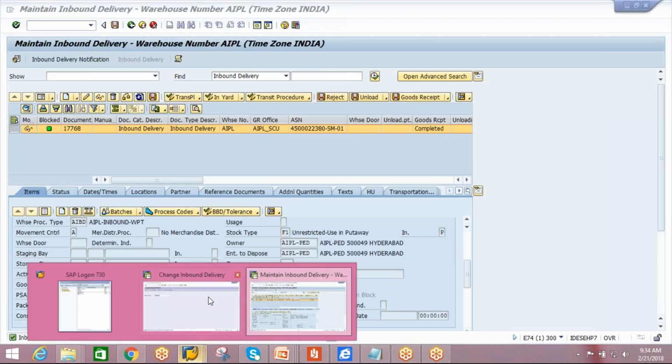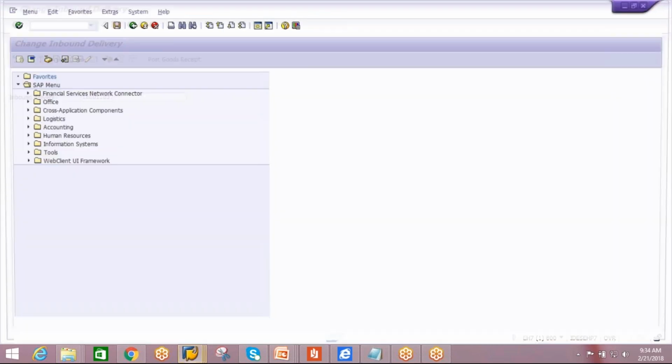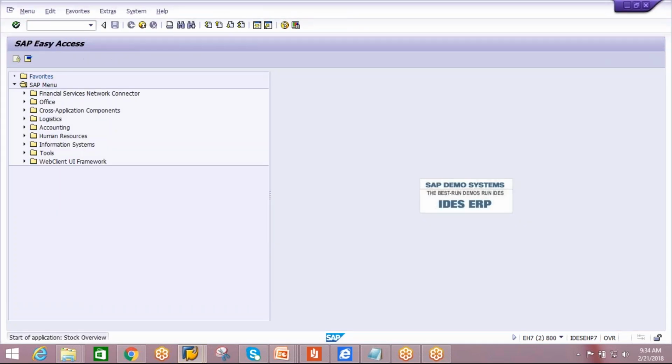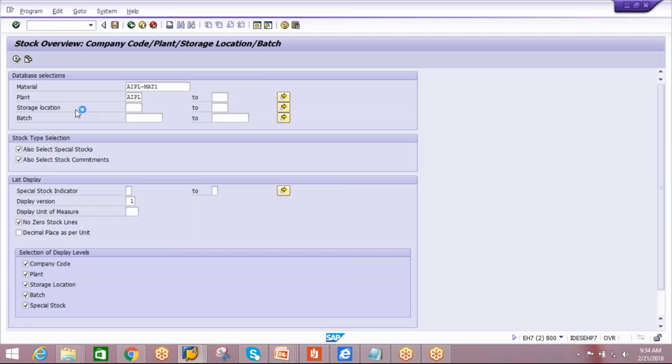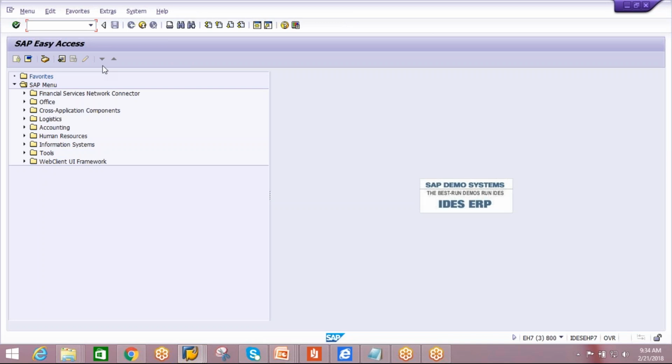Go to MMBE in ECC. See here it is showing unrestricted 5 stock in the ROD. Now I am doing the put away. Before that, we can check whether this material is extended for our warehouse or not. Sorry, storage location. One more is there, right? MMSC.